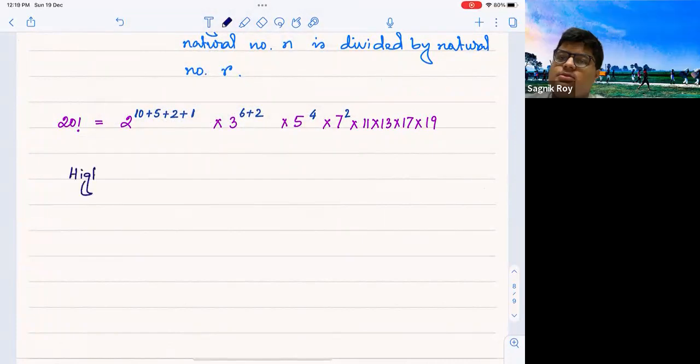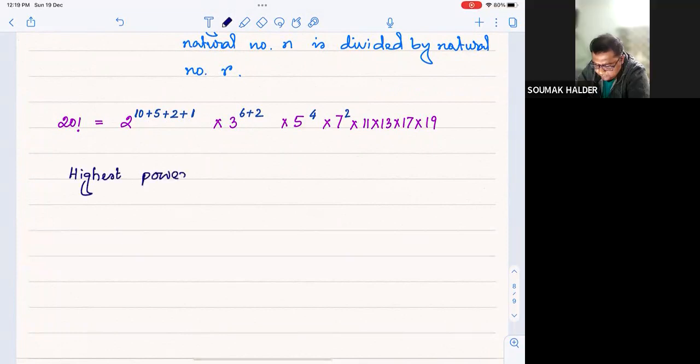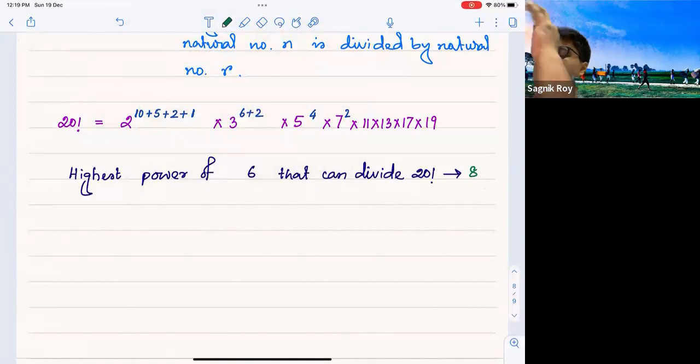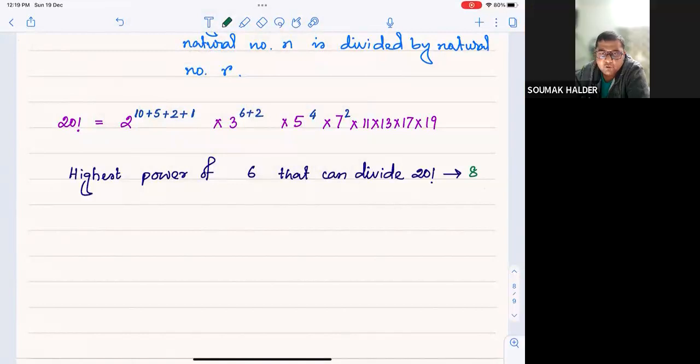So the highest power of 6 that can divide 20 factorial, and the answer we have got is 8, right? Have we got this same answer? Everyone convinced why the answer is 8?